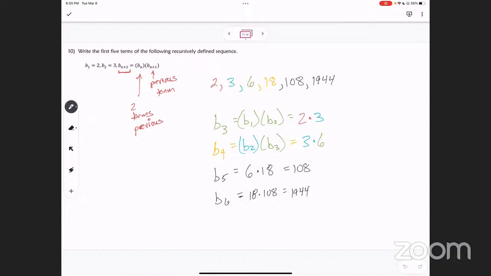Oh no, it's 3 over 1. Is 3 over 2 the same as 6 over 3? No. So it is not. This one's neither.